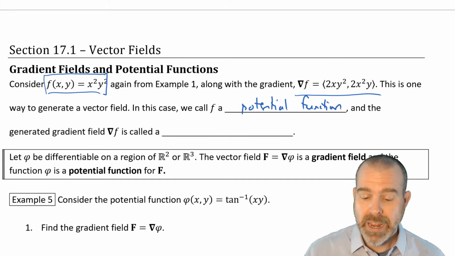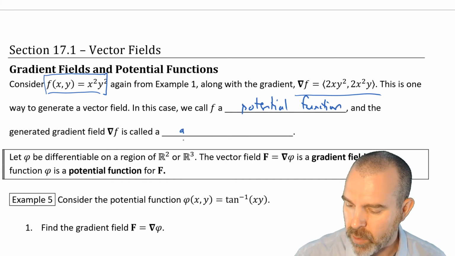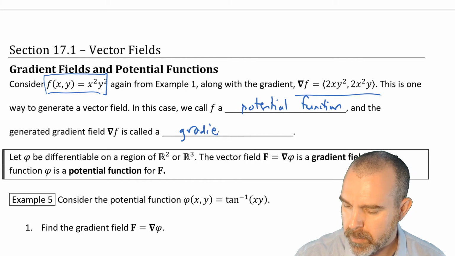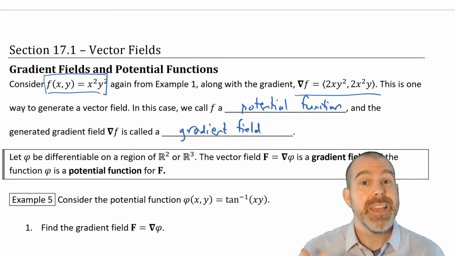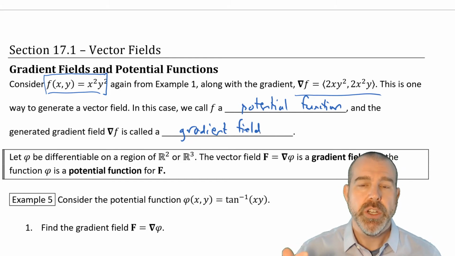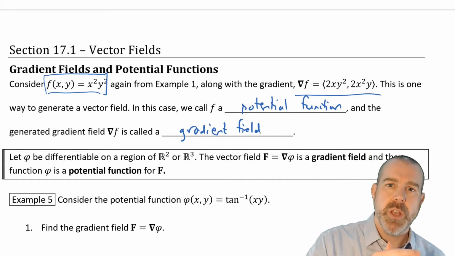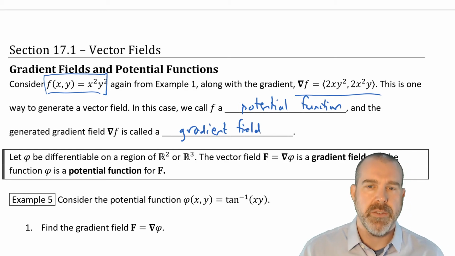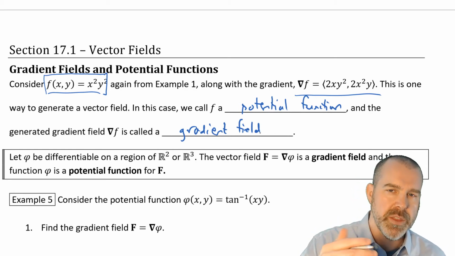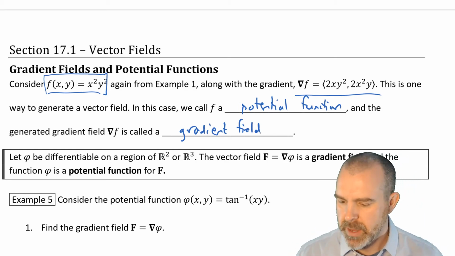And the generated gradient field is called a gradient field. So not all fields are gradient fields. These are just some examples. If a field could come from some original, like the gradient of some original function, then you call it a gradient field. And the function that it could have started with is called a potential function.